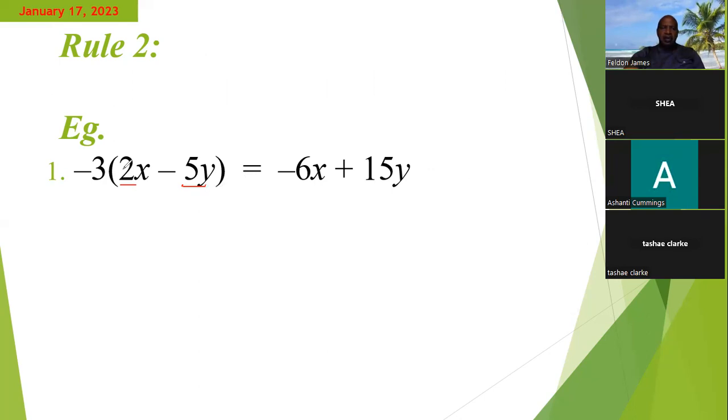Right? So the 2 in the bracket is positive, the 5 is negative, but when we multiply this out by the negative 3, negative 3 times positive 2 becomes negative 6x.